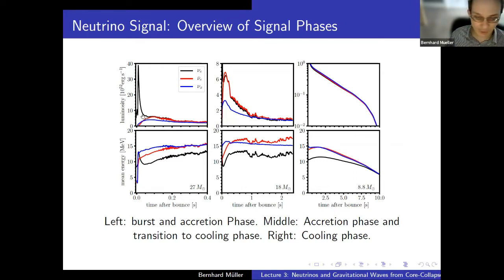For example, the flavor conversion during this burst phase would look a little different for this somewhat speculative electron capture supernova channel, because the MSW resonance region will not be adiabatic as the burst crosses it, because there's a very steep density gradient there.